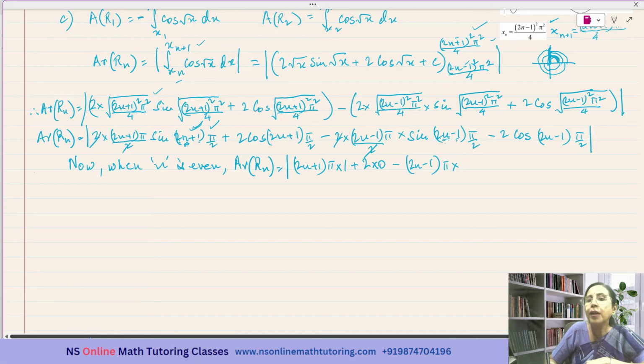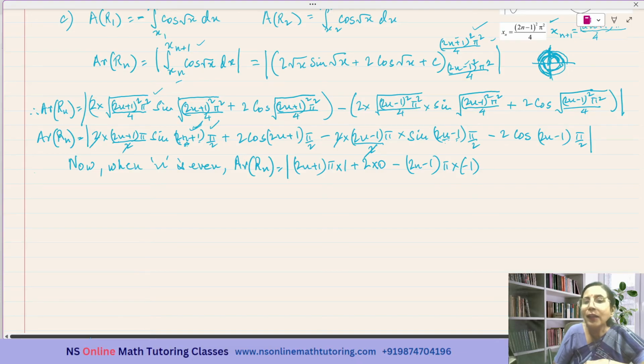This was 1 pi over 2, this was 2 pi over 2, this was 3 pi over 2, this was 4 pi over 2, this was 5 pi over 2, and this was 6 pi over 2, and finally this was 7 pi over 2. So again, we are seeing it is negative 1. When n equal to 2, it is sine 3 pi over 2, so it is negative 1. So every time we are seeing whenever n is an even number, sine of (2n minus 1) times pi over 2 will be negative 1. Okay. So this is negative 1.